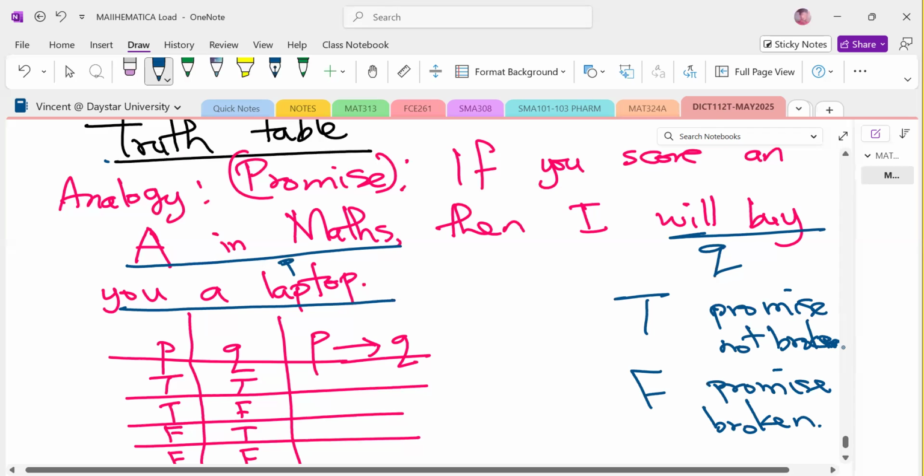And if we assume that U refers to you as a student, when do you have a valid case against your parent if they tell you this promise? What are the valid cases whereby you'll accuse them of having broken the promise? Which scenario or scenarios will make you have a case against the person making this promise?